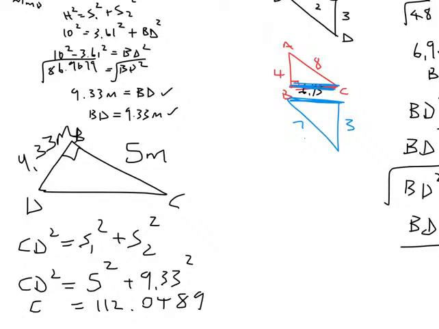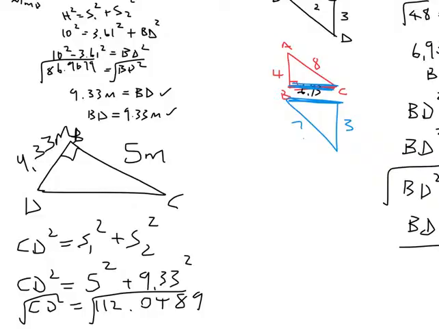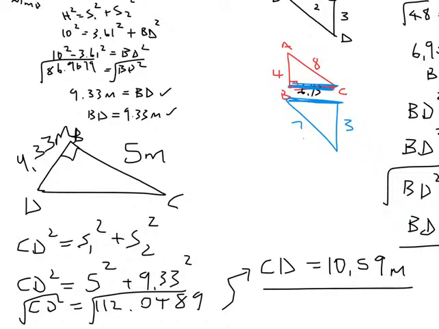And then remember, this is your CD squared, where you need to square root both sides. I don't have enough space, but I'll write it there and say CD is therefore equal to the square root of that answer, which is 10.59 if you round it to 2 decimal places, and that is in meters, because all that you have been given all along was in units of meters.